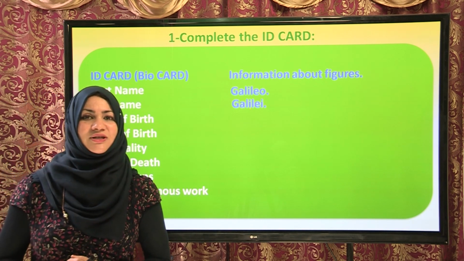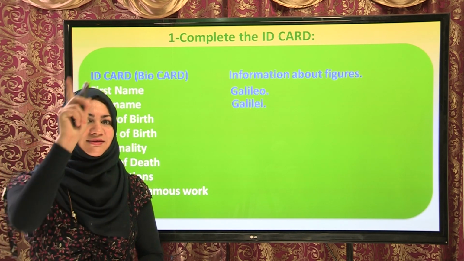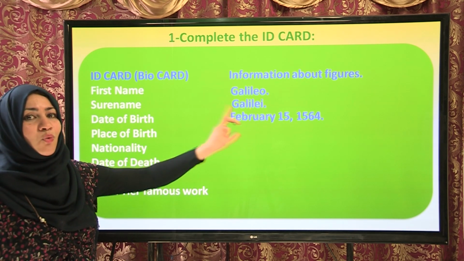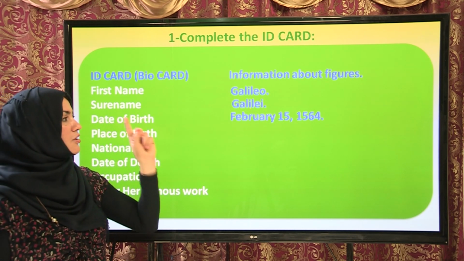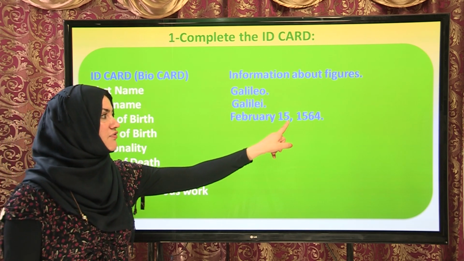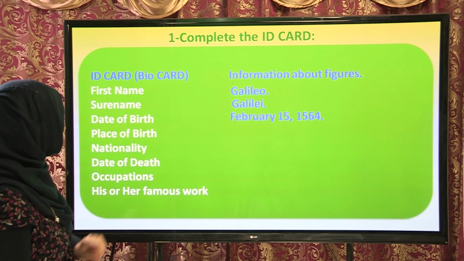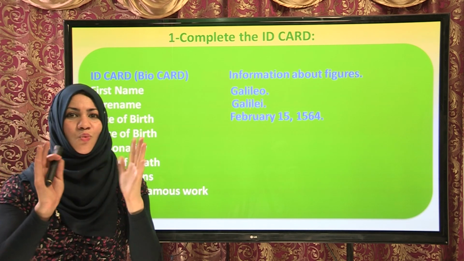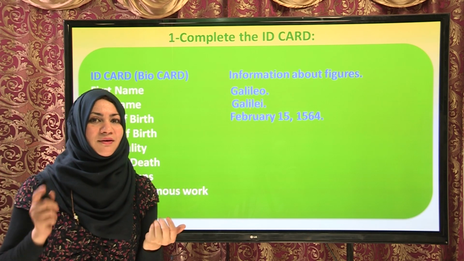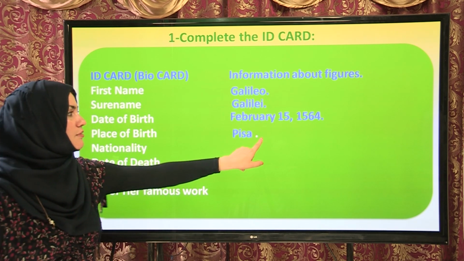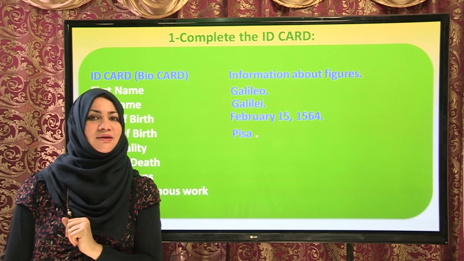What do you think, my students? Good, it's mentioned in the text, he was born on February 15, 1564. The next point, place of birth. Where was he born? Good, he was born in Pisa.